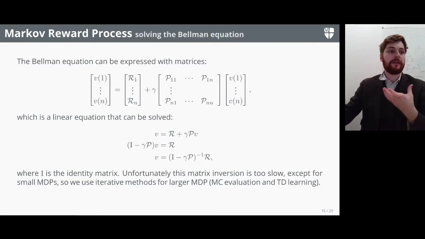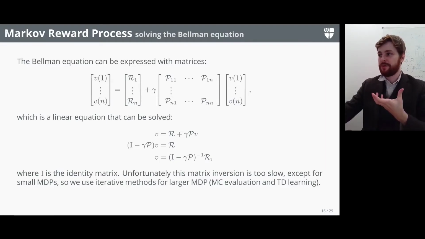But there are more efficient ways to do that matrix inversion. You can read on Wikipedia about the asymptotic complexity bounds. You can reduce it to O(n) to the 2.3, something around there, by the Coppersmith-Winograd algorithm.